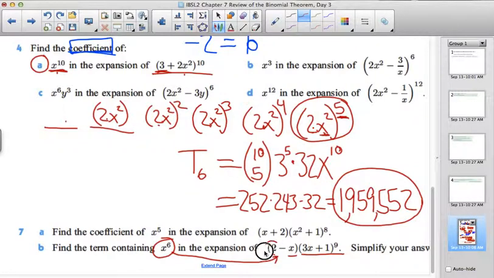Since 2 is a constant, you're going to look for the term of this expansion that already has the x to the 6th and multiply it by 2. But then because this has an x, you're going to find the term in the expansion here that has an x to the 5th and multiply it by the negative x. And then you can add those two together. Those will both be x to the 6th, and you can add them together to get the term that you're looking for. Okay, but I'm not going to do the entire example.